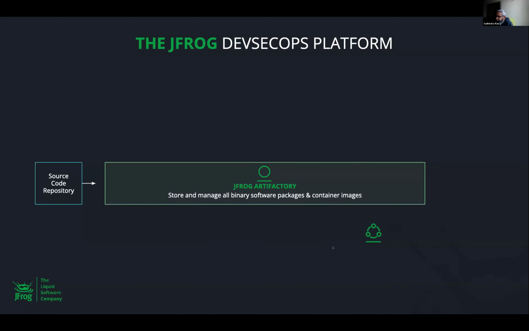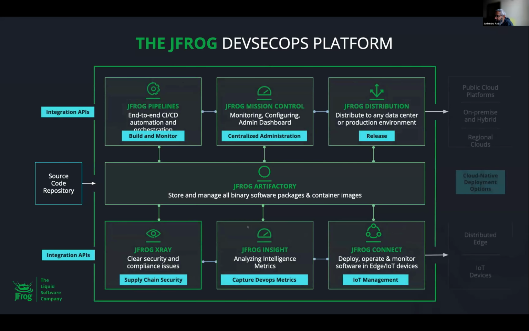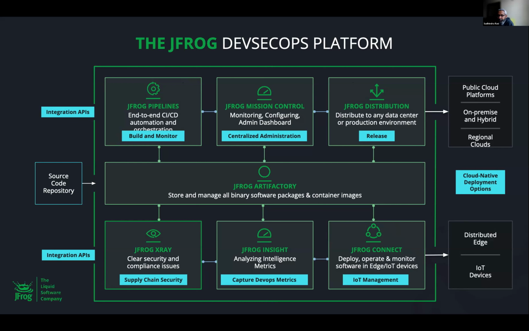At the center of our universe is JFrog Artifactory, where we store and manage all software package types and also container images, all the way from your source code repository. The services we have built around Artifactory include JFrog Xray, a security and compliance issue tracker focused on software supply chain security.